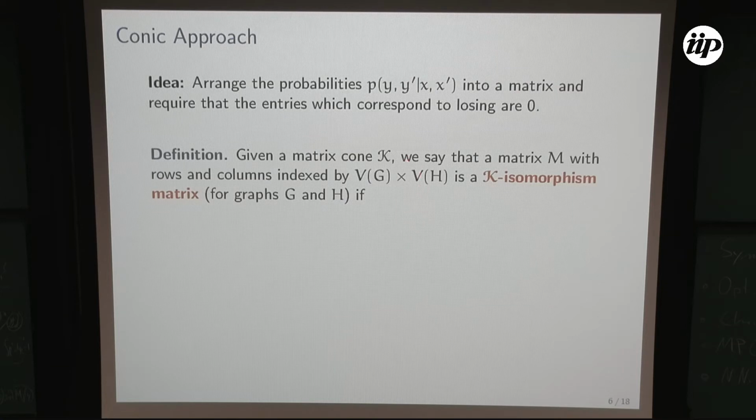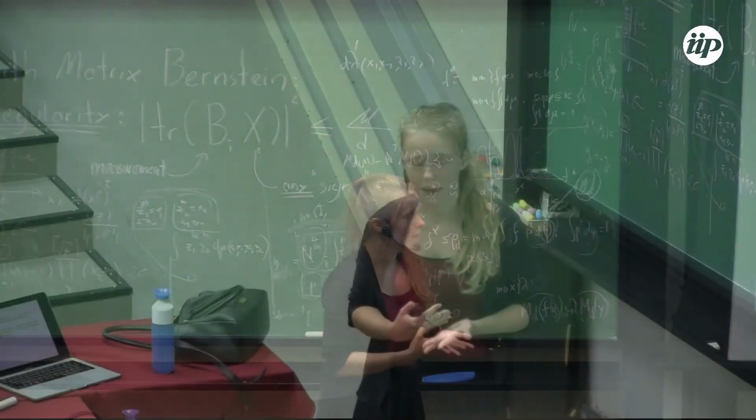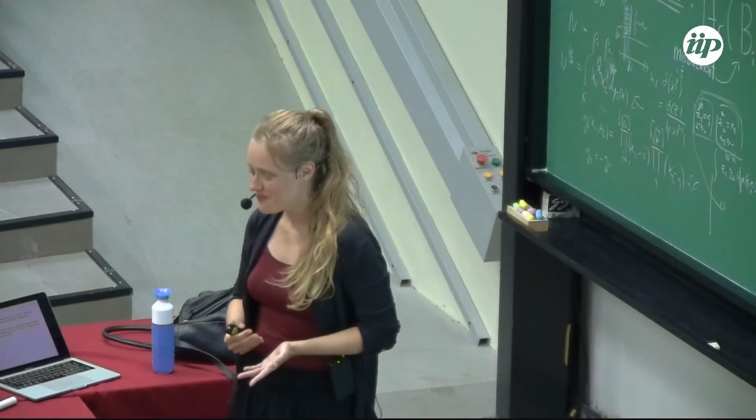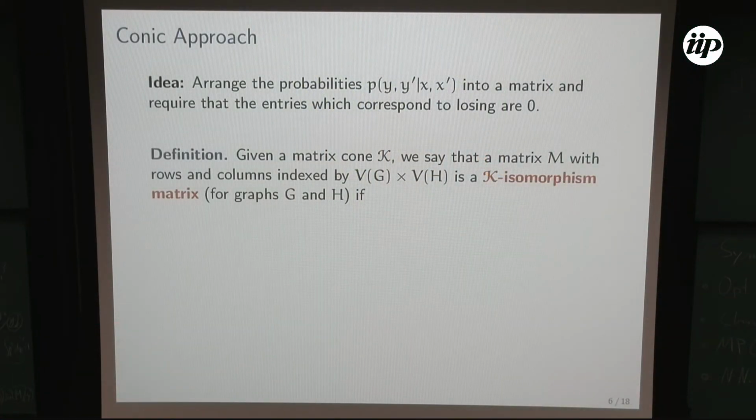I say that some matrix is a K isomorphism matrix if the following things hold. First of all, the matrix should be in the cone K. And then the rows and the columns are going to be indexed by pairs of vertices, one from G, one from H. So both rows and columns are indexed by these pairs.